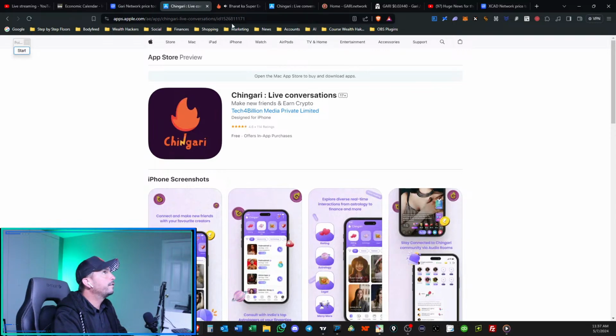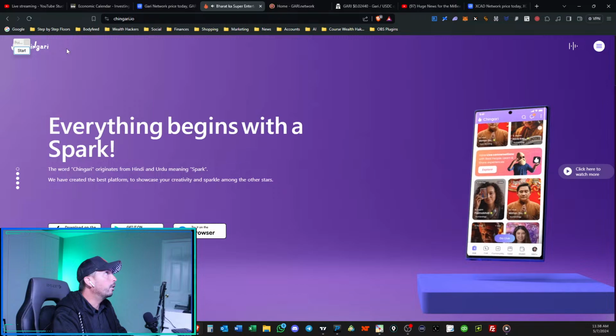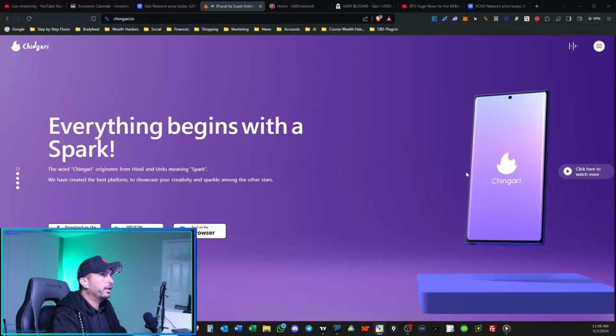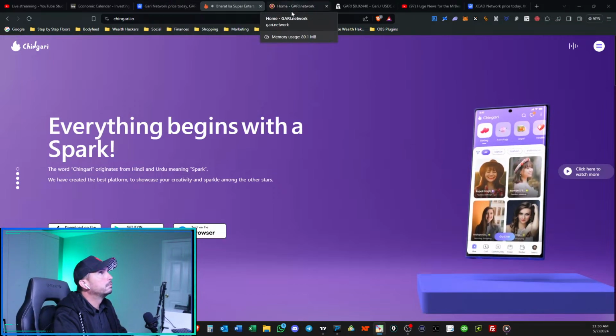It's the same app, so it's leading to the same app. So there's a good thing right there. So we know it's true. Both websites, probably because one is for Gary and the other one is for the Chingari app.